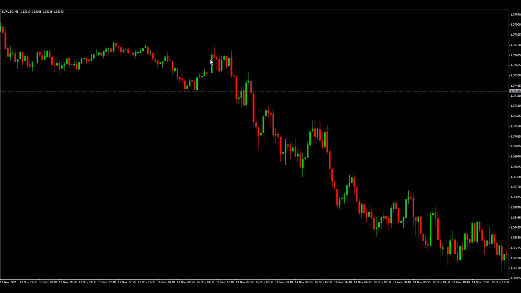With this strategy that I'm going to be sharing with you, what we're looking for is these support and resistance lines and how price is reacting to them.